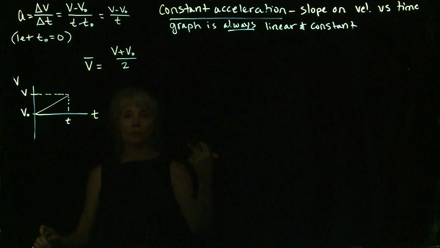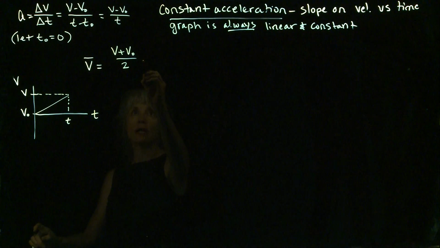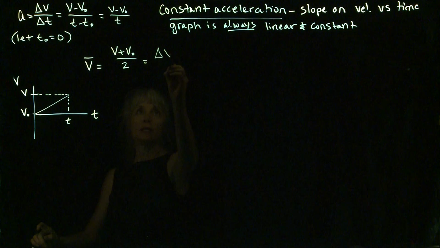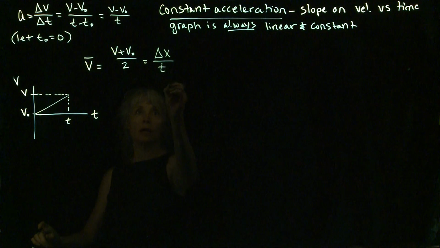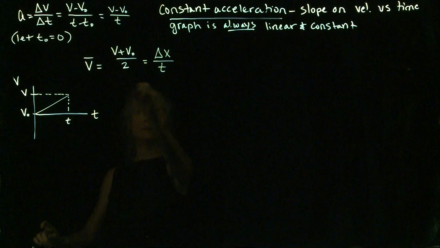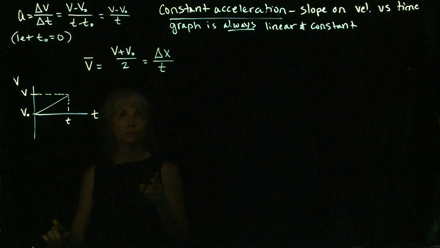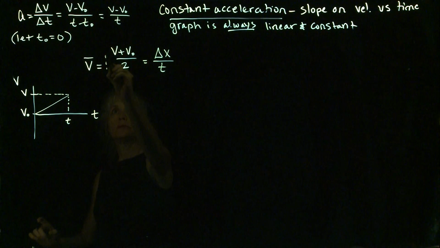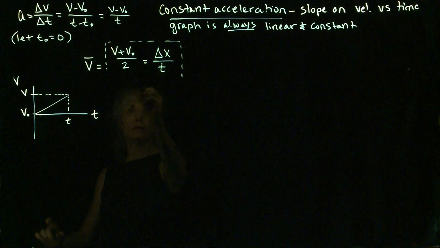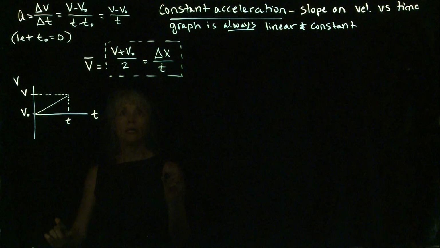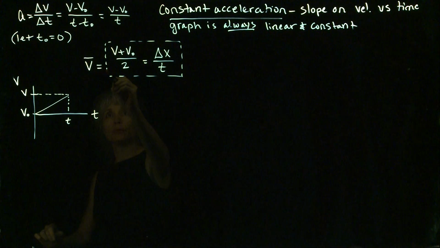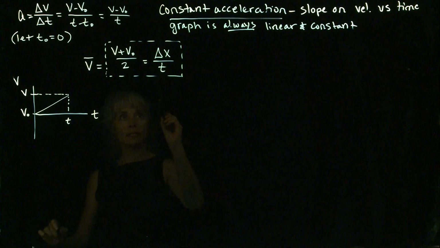And recall back from previous lectures that average velocity is also displacement over time. Remember, we're getting rid of that delta because t naught is 0. So this relationship right here is going to be pretty key in us being able to derive these equations for constant acceleration.